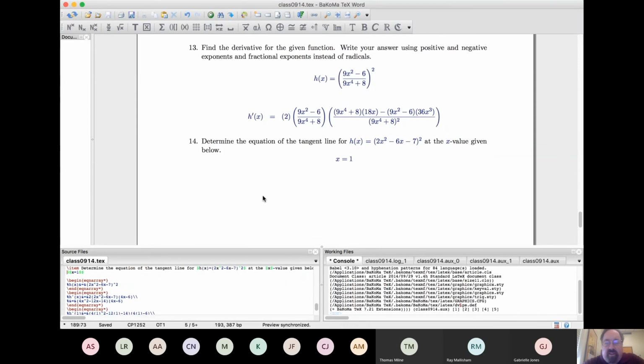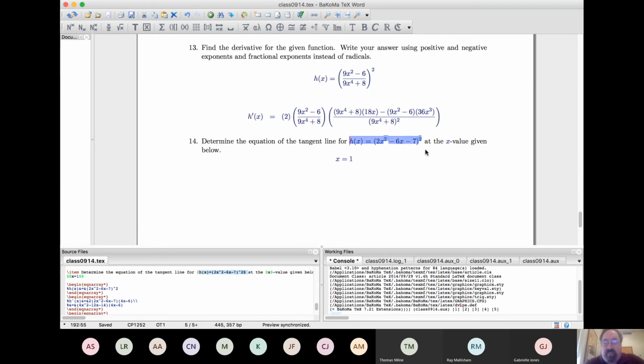Okay. Last problem, we've seen problems like these before in terms of finding the equation of a tangent line. It's just now it's with a given function for which the general power rule is required. So to get the equation of a tangent line, what do you need? You need the slope.